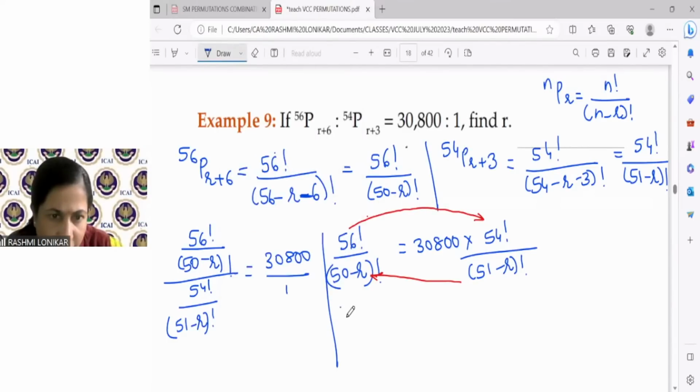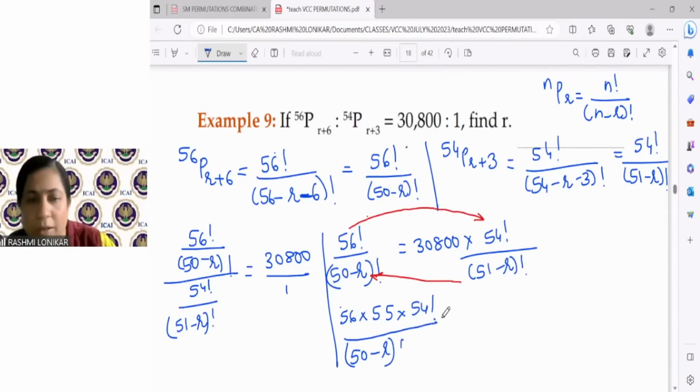So I will write 56 into 55 into 54 factorial. Denominator same thing, (50 minus r) factorial. Bigger number up to smaller number I will write. This is equal to 3800 into 54 factorial, which will remain as it is.